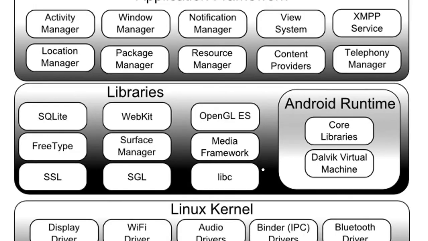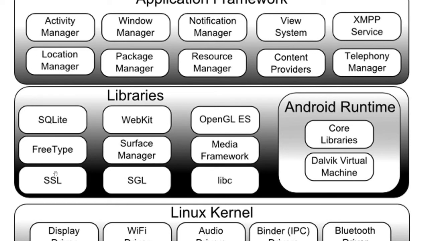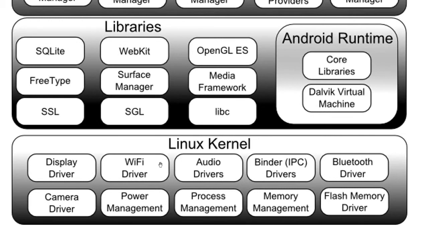Then on top of that, you have these reusable libraries, things that as an Android developer I don't have to recreate, I just use them. The SQLite database, WebKit, OpenGL, talking to different kinds of media, talking to the Surface, basically the touch screen, Type, SSL, SGL, libc, core libraries, and the Dalvik virtual machine. You don't need to memorize these, but you need to realize that Android has a lot of moving parts. Down at the kernel, look, opportunity for rootkits.